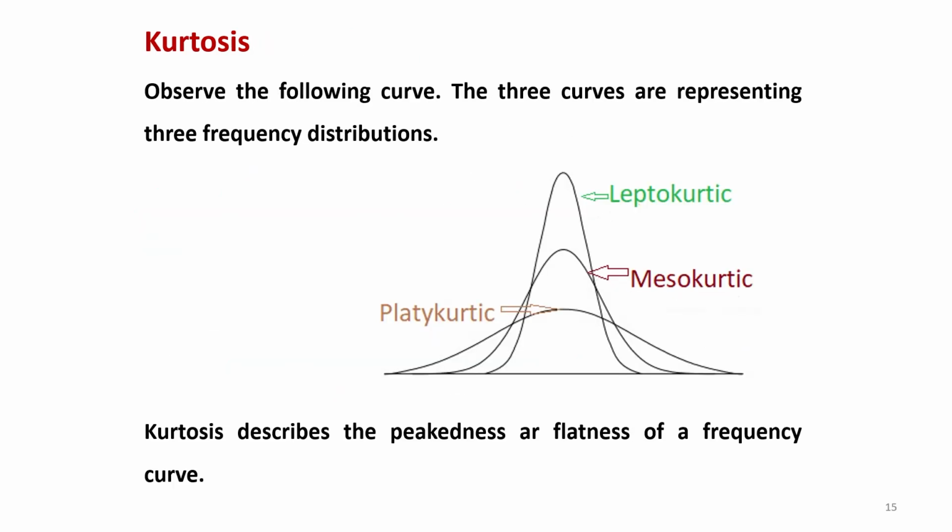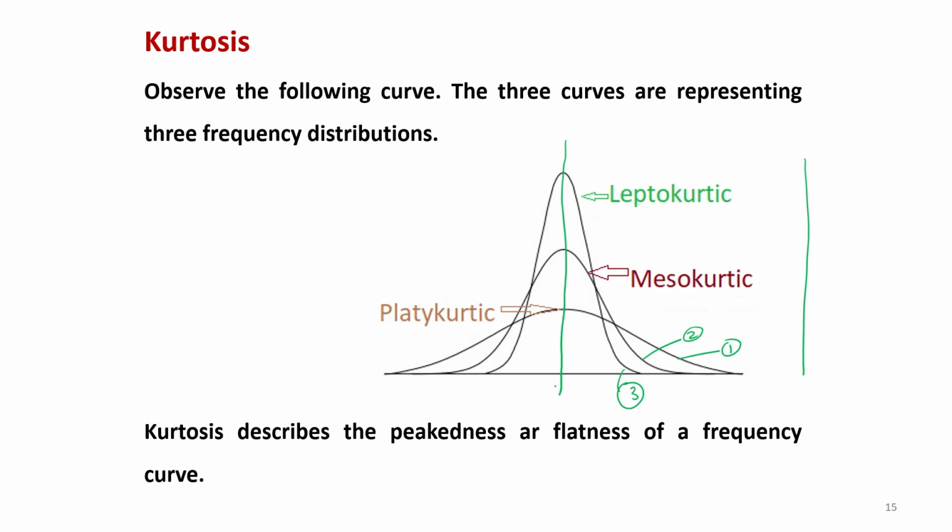Now, we come to another aspect, which is about kurtosis. Please try to observe these three curves. Let me call them curve number 1, curve number 2, and curve number 3. Now, you can see all these three curves are symmetric around this value.